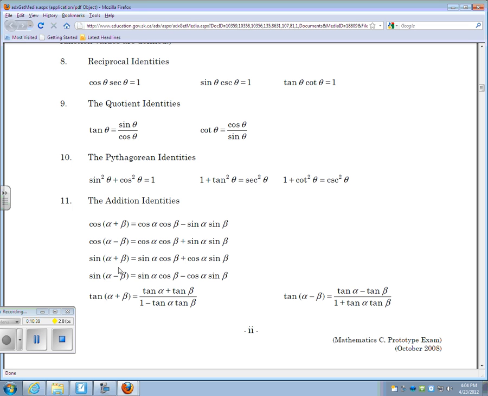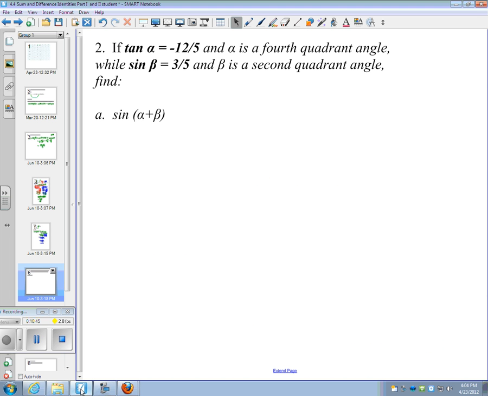It's not letting me draw. So I go sine cos plus cos sine. Sine alpha cos beta plus cos alpha sine beta.